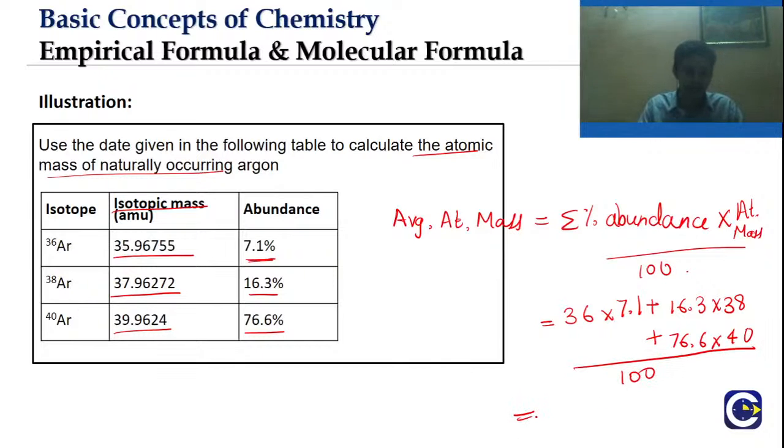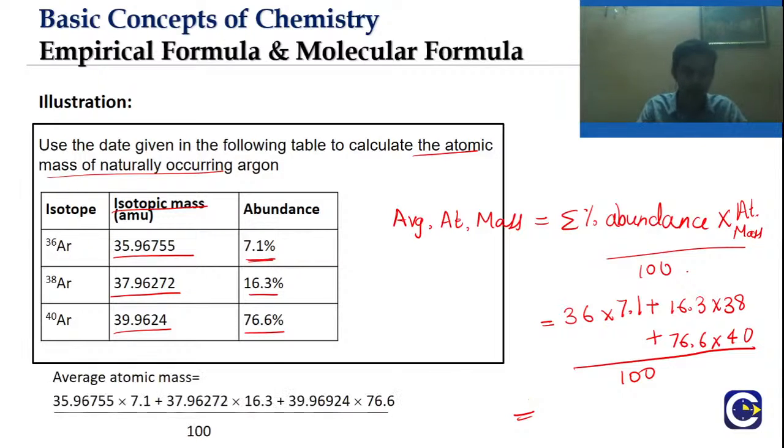If we simplify this, it will be 39.352 AMU.